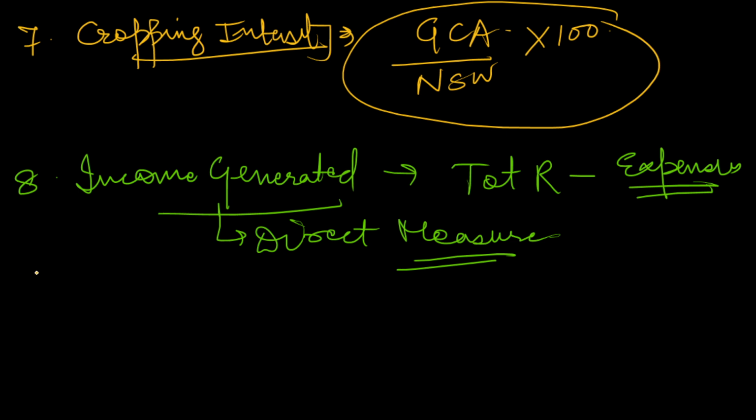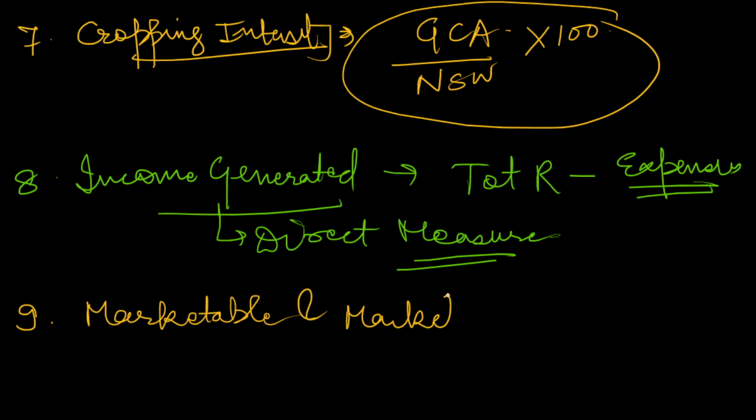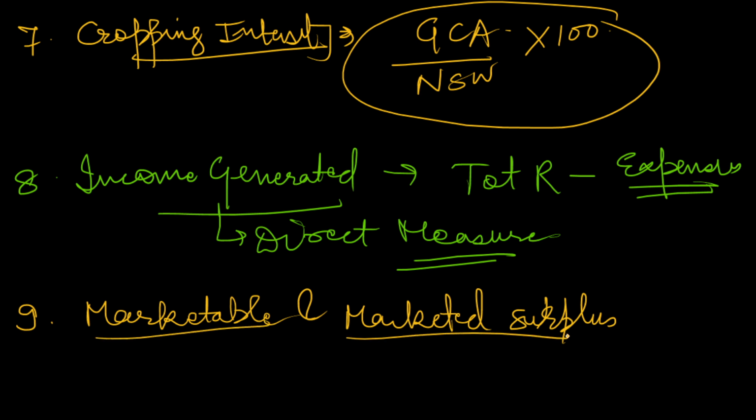Next, you can also mention marketable and marketed surplus. Obviously, the market will play a role, because it doesn't matter how much production or productivity you have, if the market doesn't favor you, your farm business will not be on track.